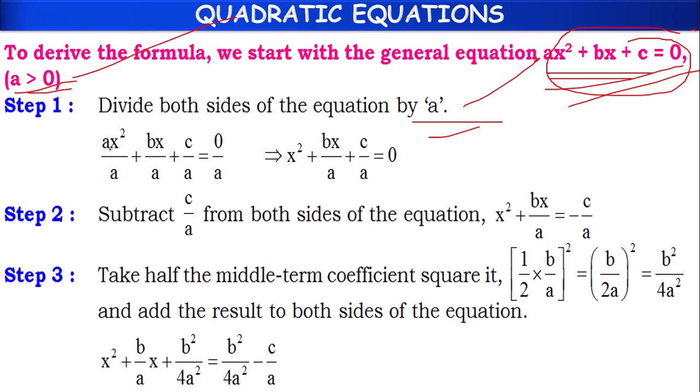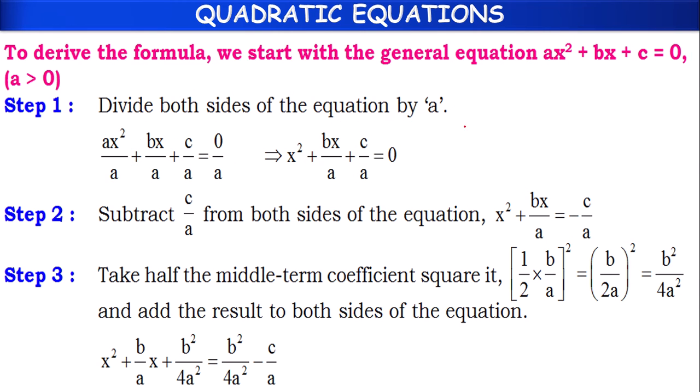So what will come? ax square by a, bx by a, c by a, 0 by a. We have divided all terms on both sides by a. a gets cancelled, x square will remain, bx by a is the second term, c by a the third term, and 0 by a equals 0. Now we got this.